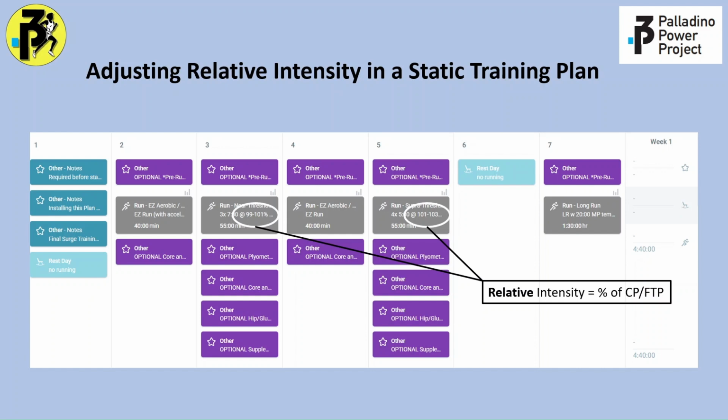You could have relative intensity relative to power at VO2 max. You could have it relative to half marathon power. It can go on and on. What the intensity is relative to, but in the run power paradigm, the predominant relativity is to CP FTP. So, I just had to mention that with regard to what I mean by relative intensity.